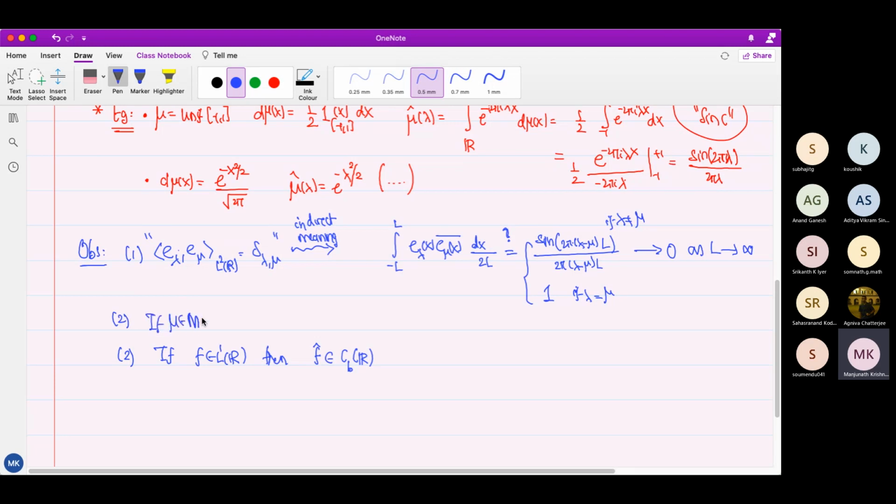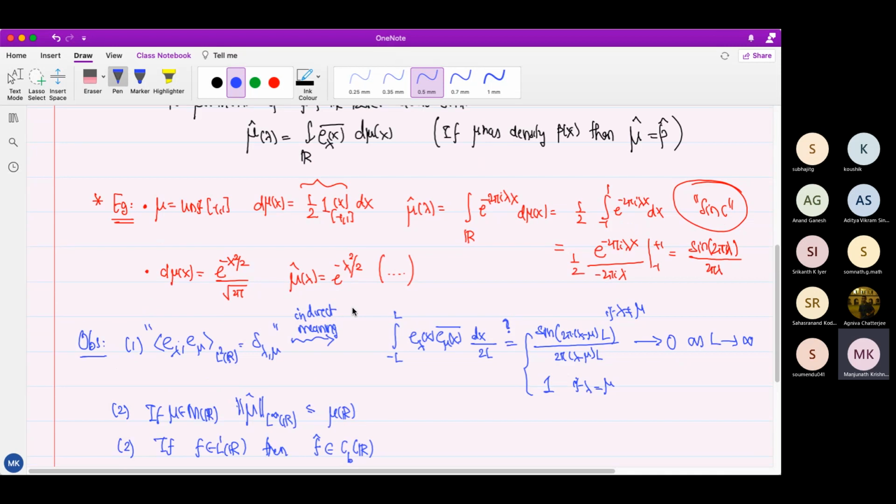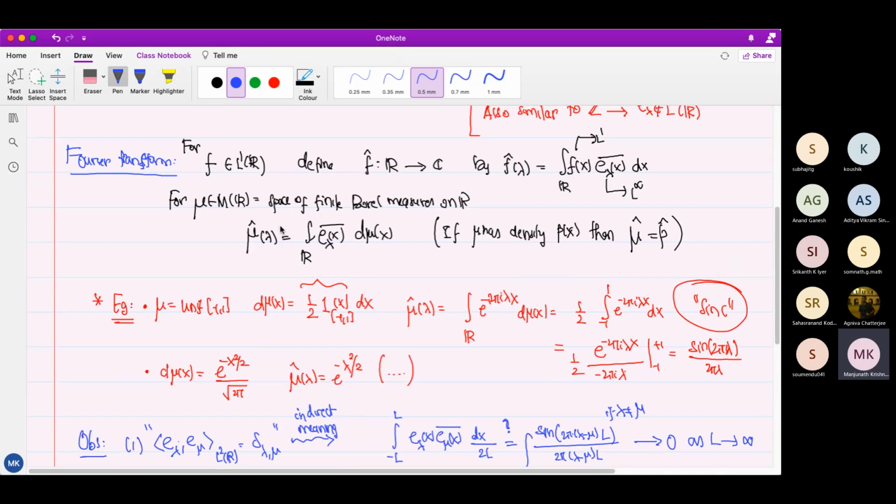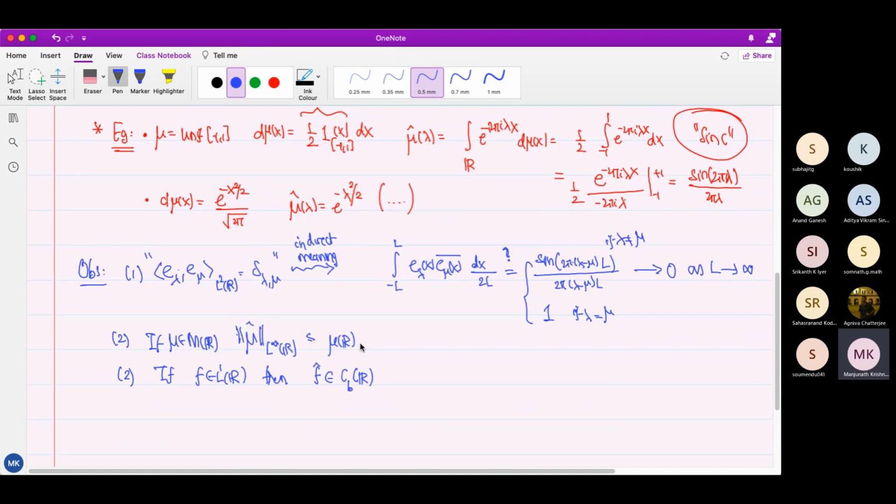If mu is in M of R, then the sup norm of mu hat is bounded by mu of R. That's direct from the definition. Mu hat of lambda, if you put absolute value here, that is 1. So it gives you the total mass of the thing.